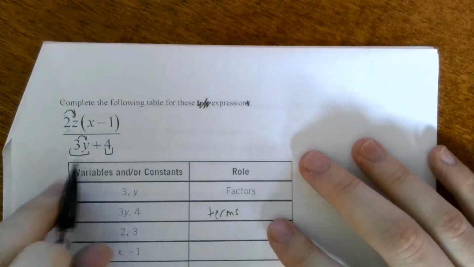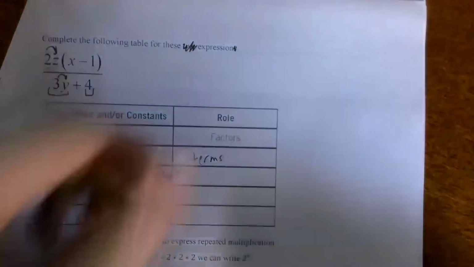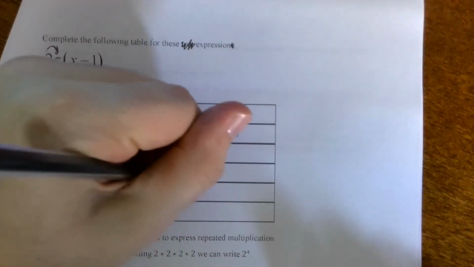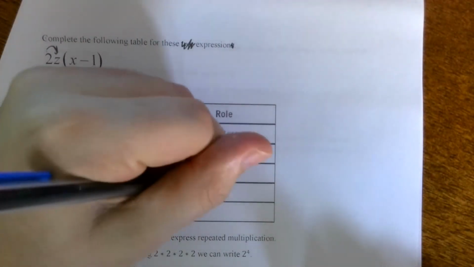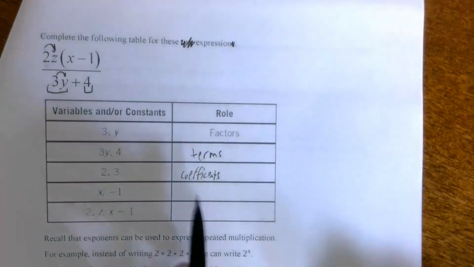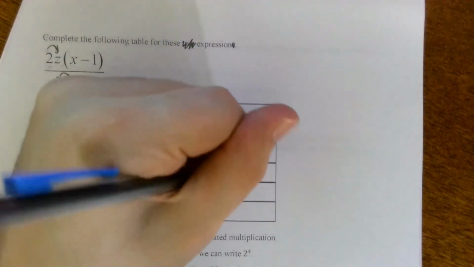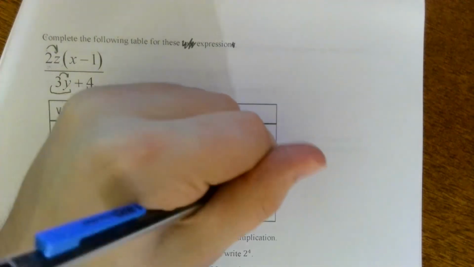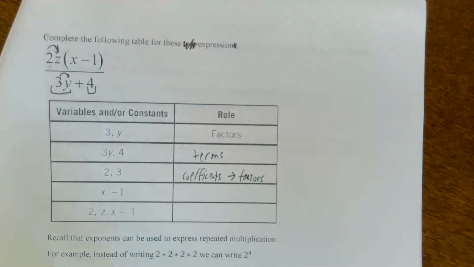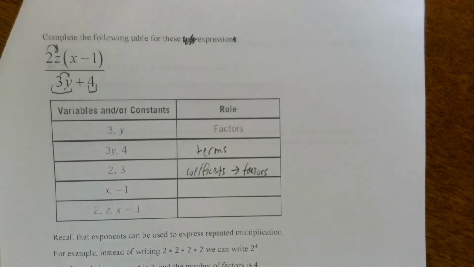So 3 multiplied by y and 2 multiplied by z. So we could say that these are coefficients, because they're just the numbers multiplied in front of variables. And another term for coefficients, we could also say that they are factors, right? So either one is correct. So coefficients or factors. Okay.